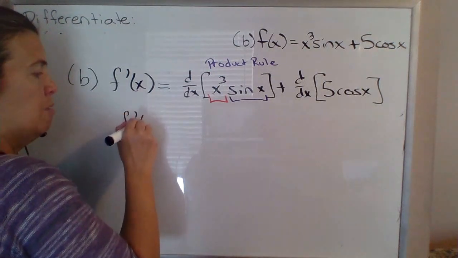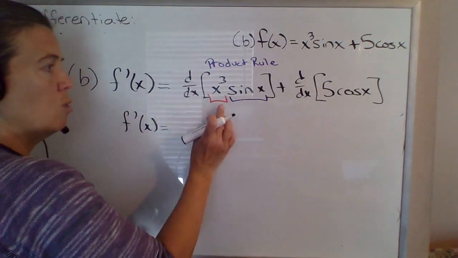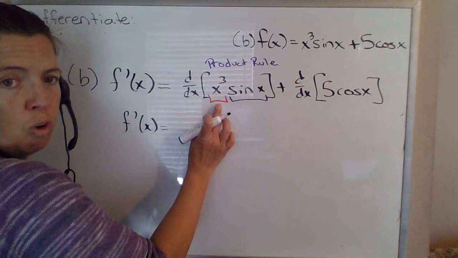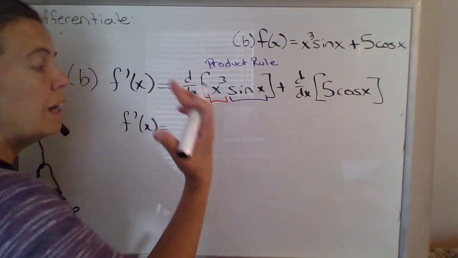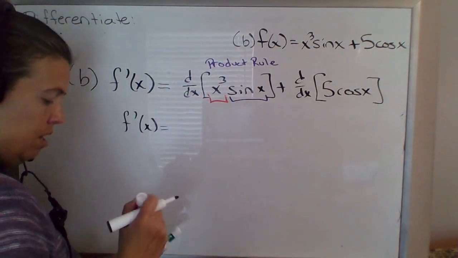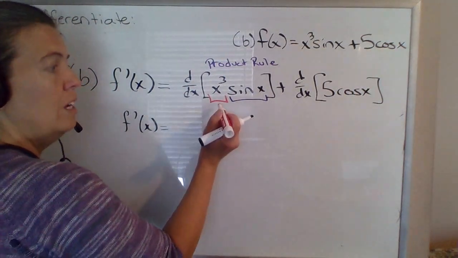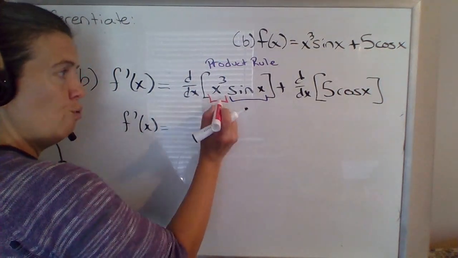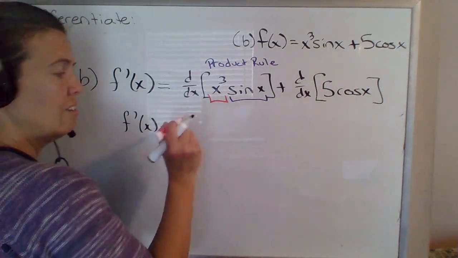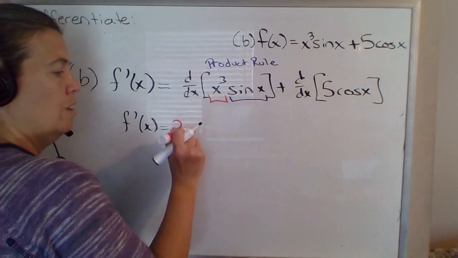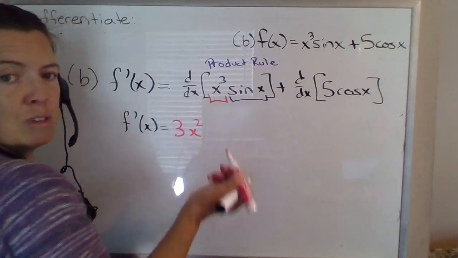So f prime of x, the derivative of f, is going to equal, okay, I'm going to keep the same order I did last time just for consistency, but again, the order is not critical here. You'll get an equivalent answer if you do it in a different order. The important thing is you take the derivative of one part, so let's say I differentiate x cubed. Derivative will be 3x squared. The power comes down, take 1 away.